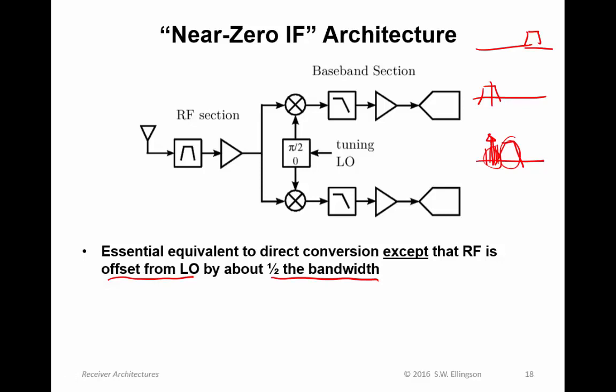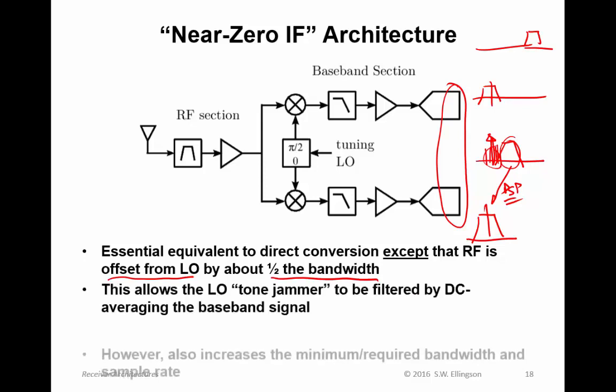And this has a lot of advantages, especially since these days it's not much difficulty to do that final shift of the signal to zero IF using DSP. So this is a commonly used scheme in many cell phones, many base station receivers, and all kinds of receivers.